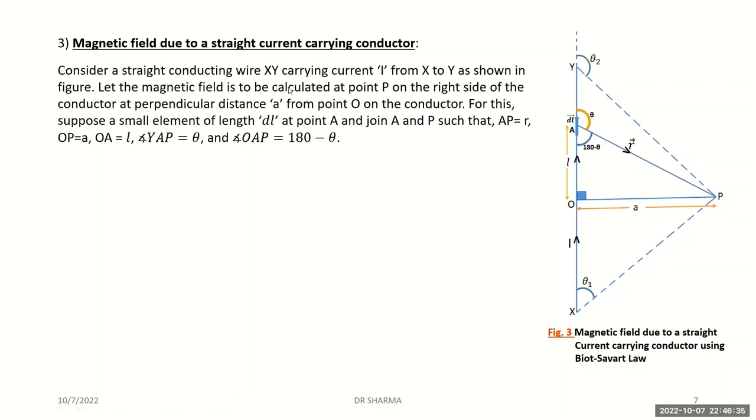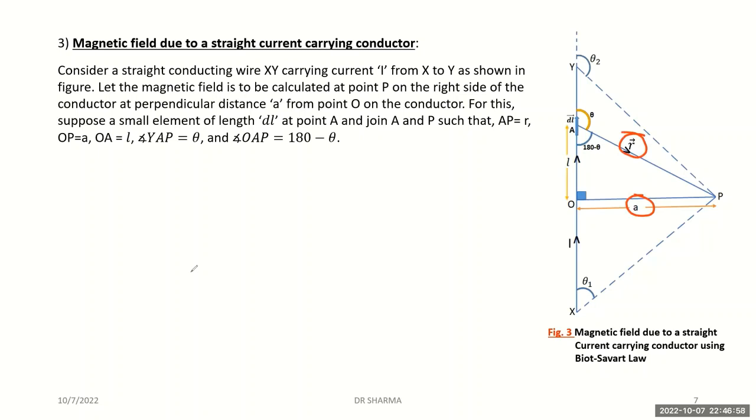After joining, we have some geometrical values that we need to write. OP is a fixed distance of the field point from the conductor. R is the radius vector joining the source point and the field point.